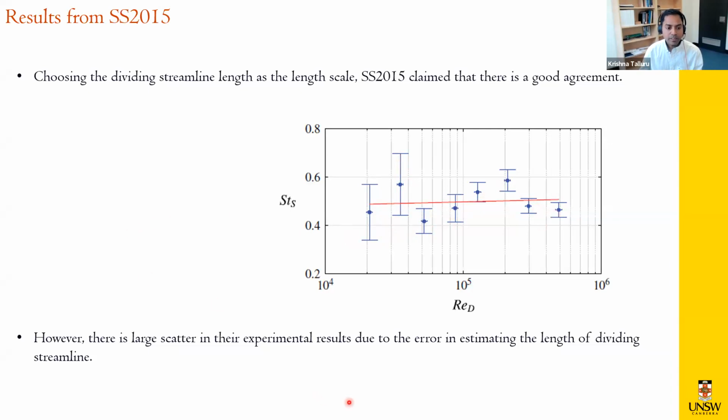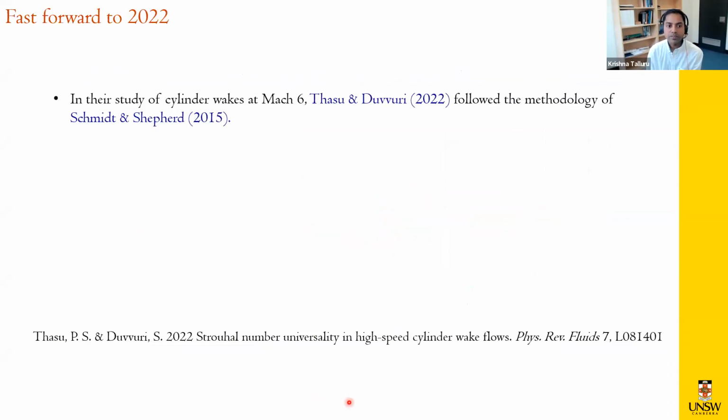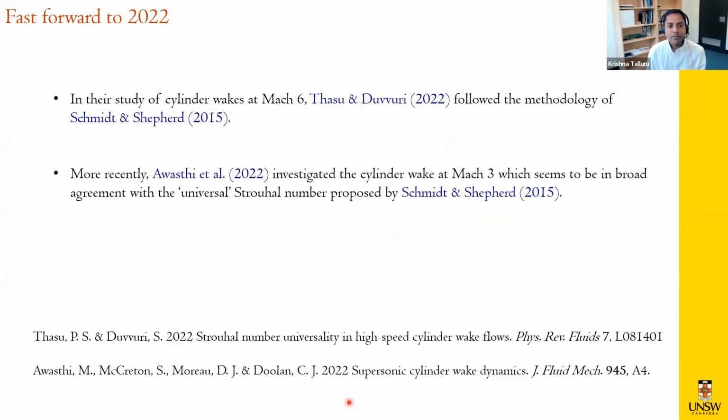Fast forwarding to 2022, there were two studies, one by the IISc group in India, and they followed the same methodology of Schmidt and Shepard, and they said they find similar results. And more locally, the study by Avasthi et al. at UNSW Kensington campus with the Kontis group, they have done similar experiments, and they also suggest there's a broad agreement with the universal Strouhal number proposed by Schmidt and Shepard.